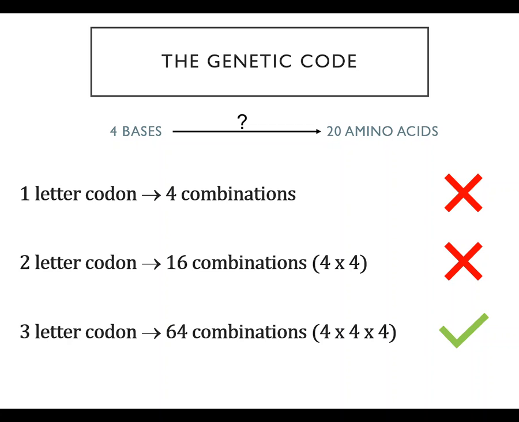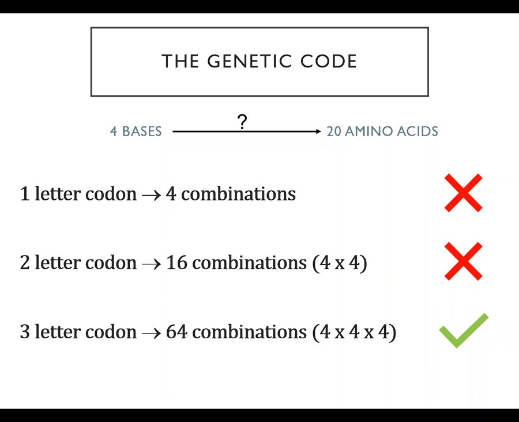Because there's only four bases and 20 amino acids, you can't have a simple one-to-one code, because then you could only have four amino acids. So if there were codons that only involved one base, then you could only have four amino acids in a protein.